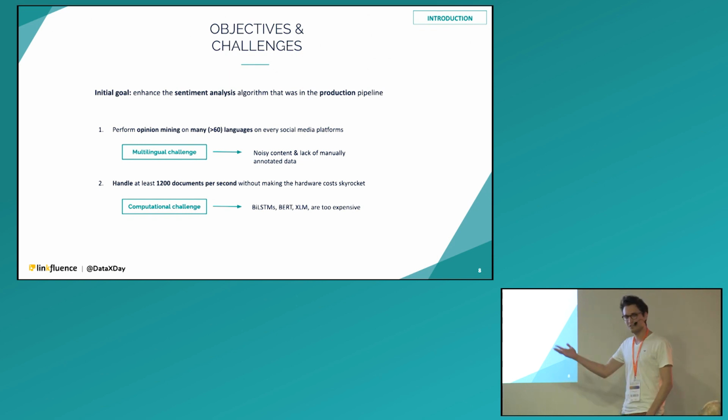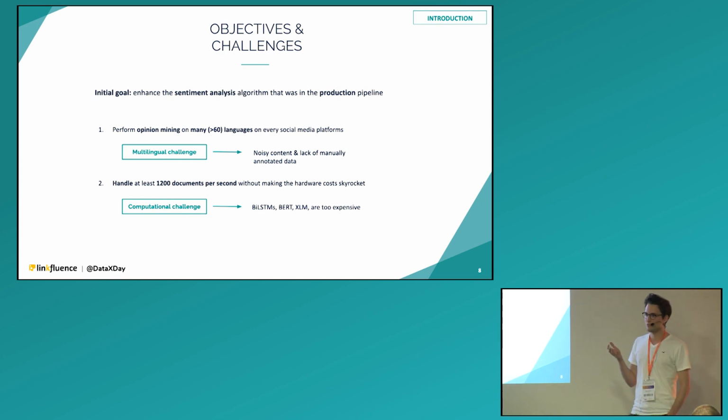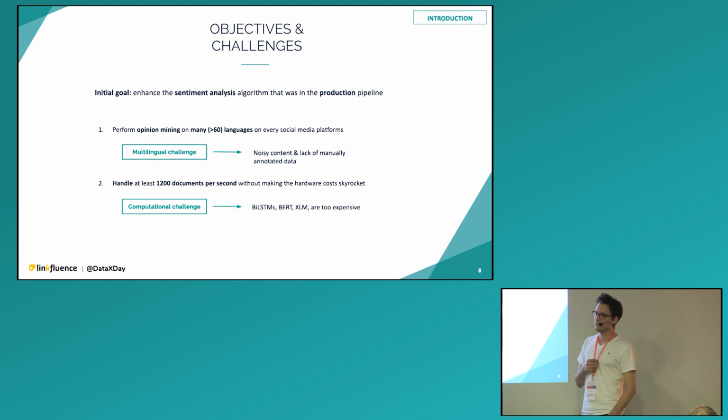And so we've got a computational challenge, and when we started the project 7 months ago, we were thinking that recurrent neural network-based approaches, or the new approaches based on the transformer architecture, would not be a real solution, because they're really expensive and computationally intensive architectures.